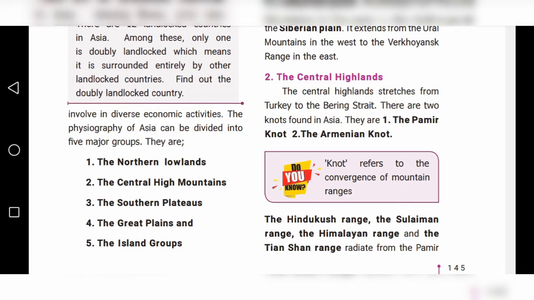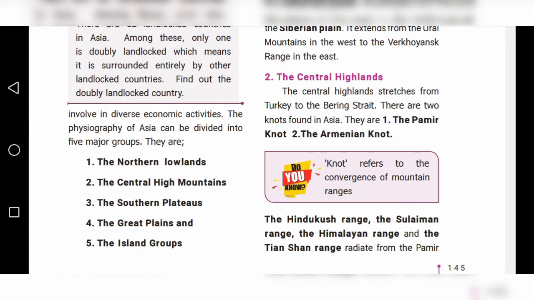Second one, the central high mountains. Third one, the southern plateaus. Fourth one, the great plains, that is where we are living, no? So the great plains, and fifth one, the island groups.